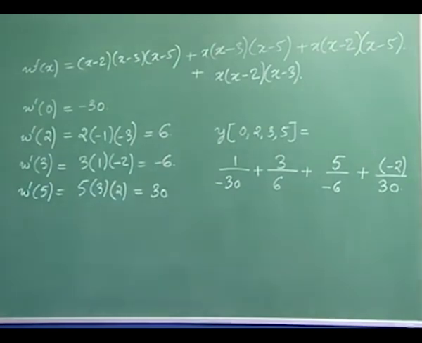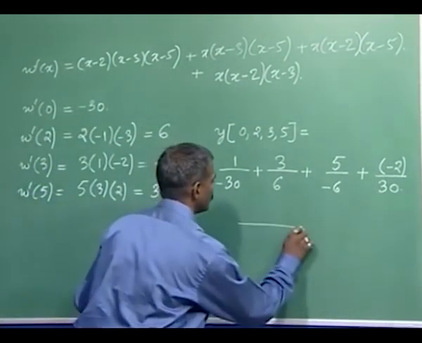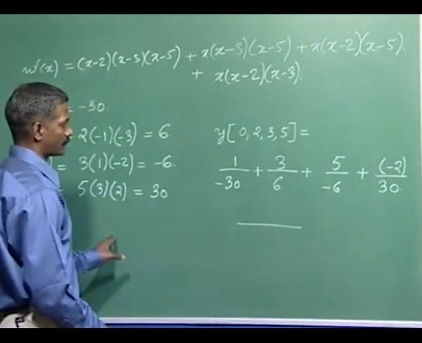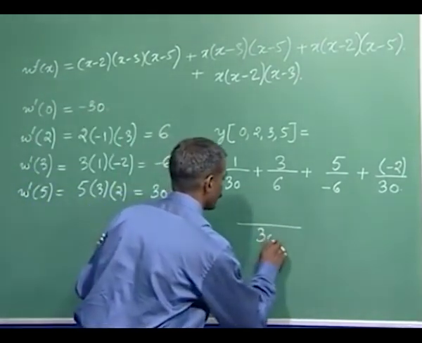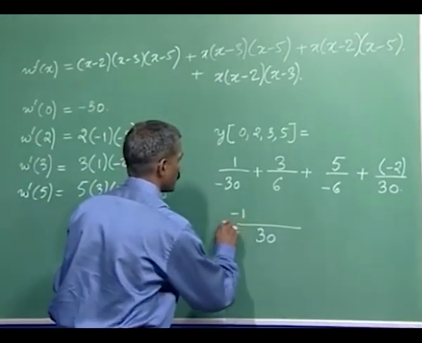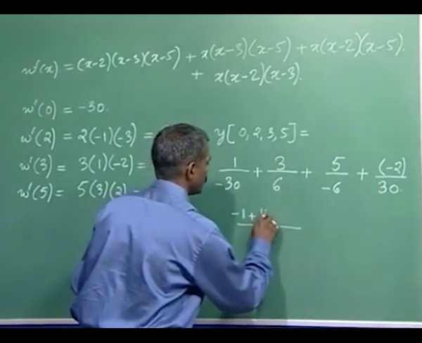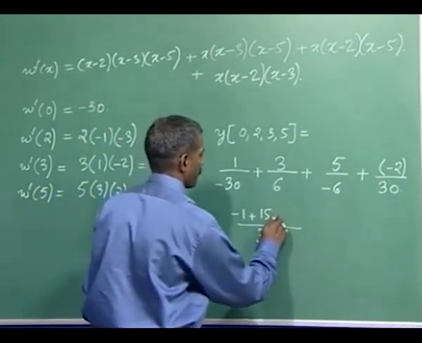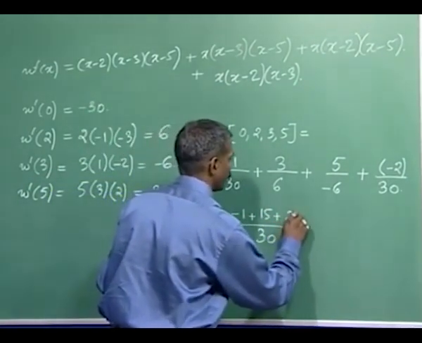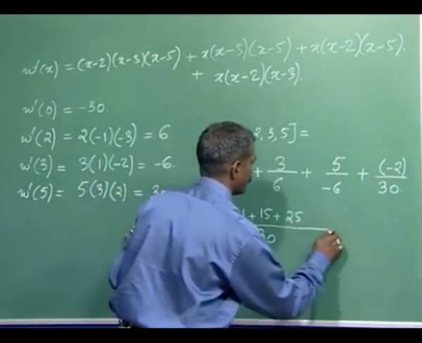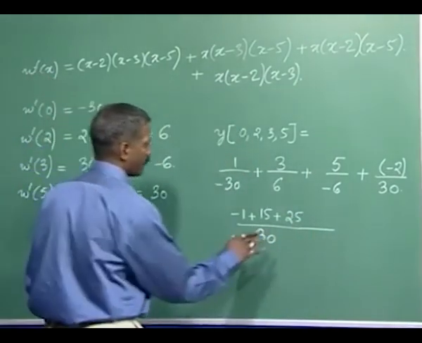Let me try to simplify this for you. So if I take the least common factor, which is 30, I get minus 1 plus 15 plus 25. I think I'll have a minus sign here.